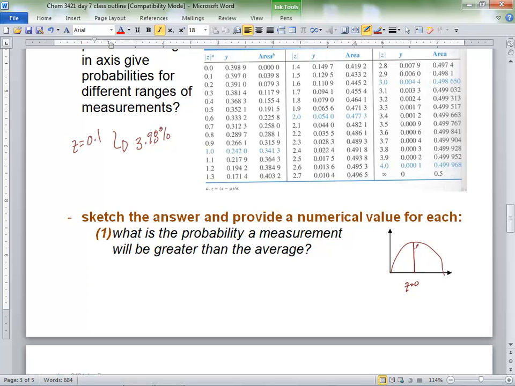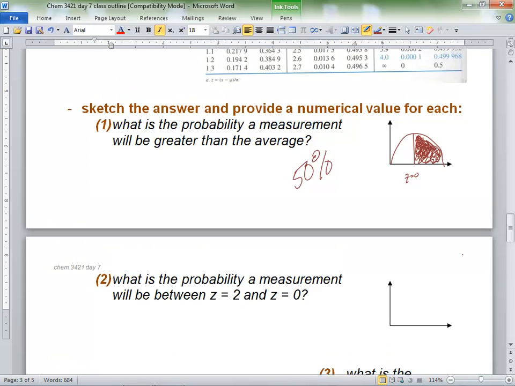Shade it all in, right? This is making it more complicated than it needs to be, but it's really going to help us when things get more complicated. So the probability is 50%. Half the area is shaded. That's all you're after: the amount of area that's shaded.